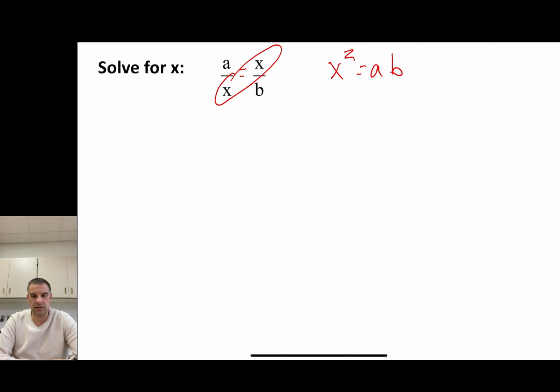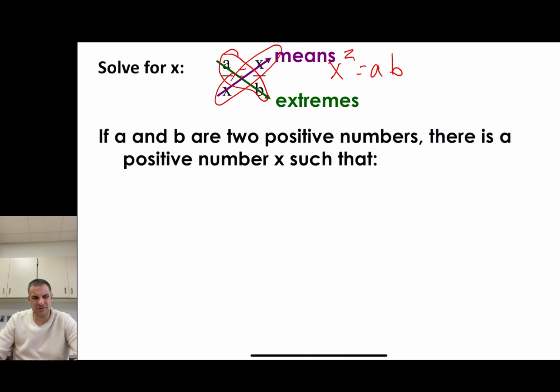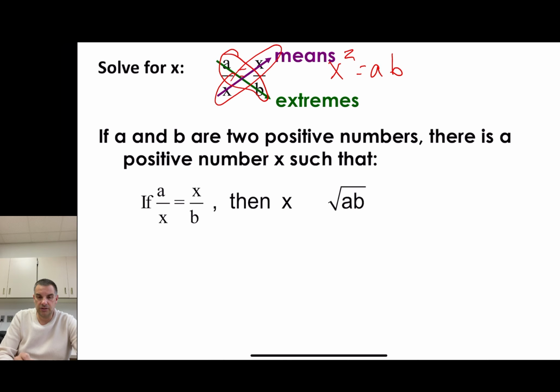And that's really the means times the extremes. If a and b are positive numbers, then x is a positive number such that, and so on and so forth.